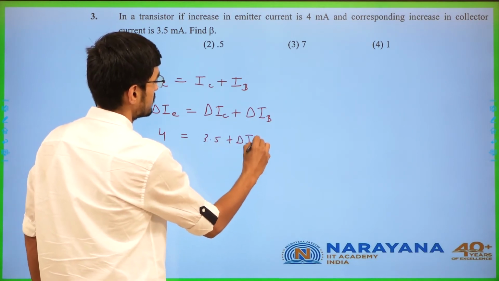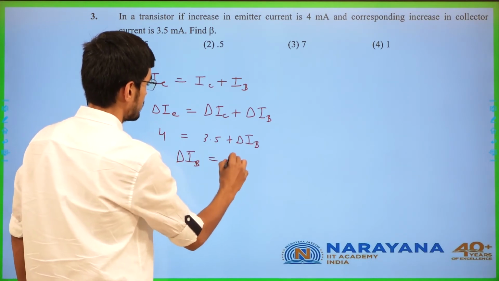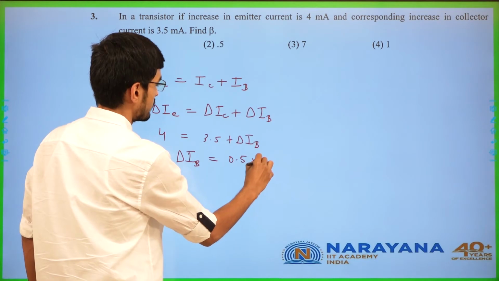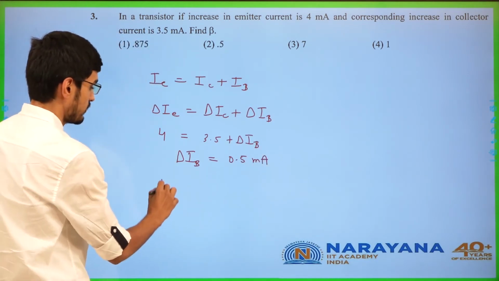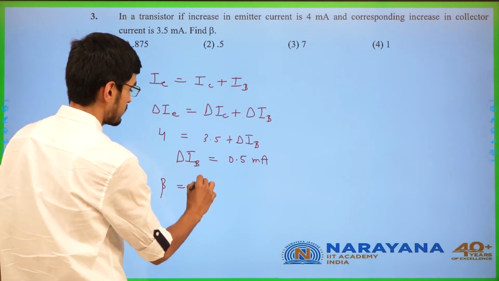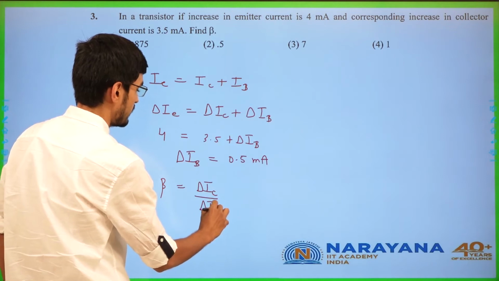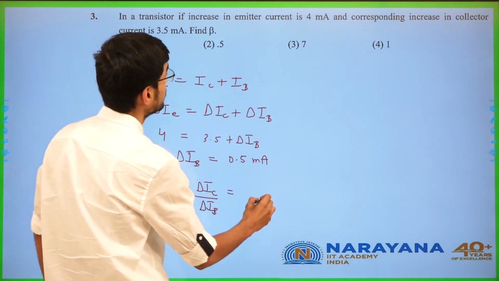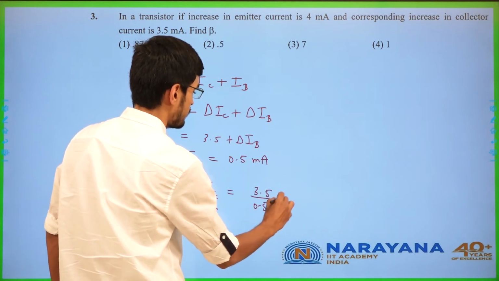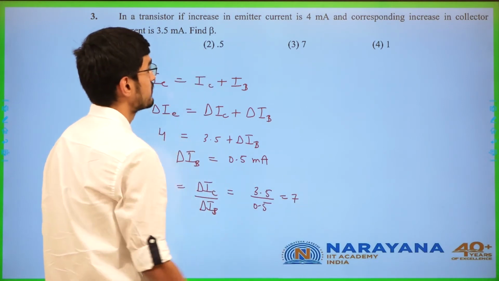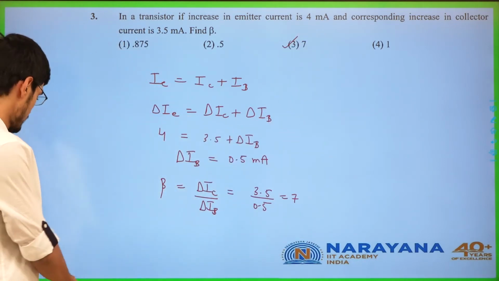So the corresponding change in base current will be 0.5 milliampere. Now the definition of beta is change in collector current upon change in base current. So the change in collector current is 3.5, and this is 0.5. Just put the values and we get the beta value as 7. So the third option will be appropriate for this. Next.